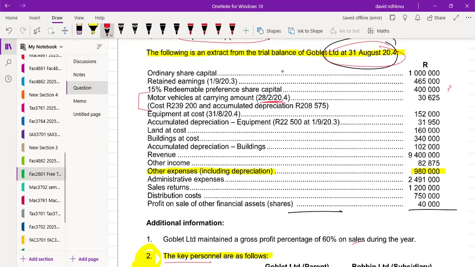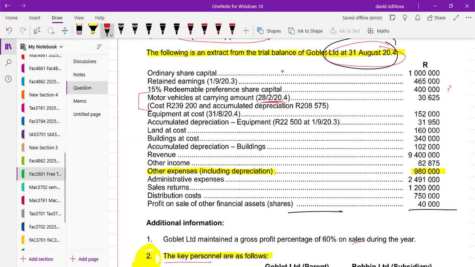If I go to the cost price there, 239,200 minus 208,575, then I'll get that. You know, the question that we must ask here is, the 239,200, have we removed the sold asset from there? Or have we added the new asset that we acquired? That's what we need to find out.